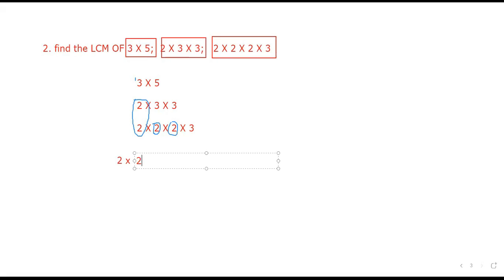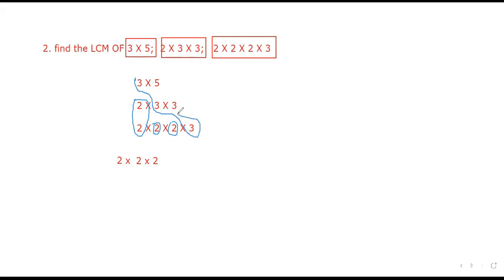So I have 2 times 2. These ones are common, so I put one of them, 2, and I have these 2 here, so I'm putting them down like that. I'm going to look for another common number. So 3 is common.